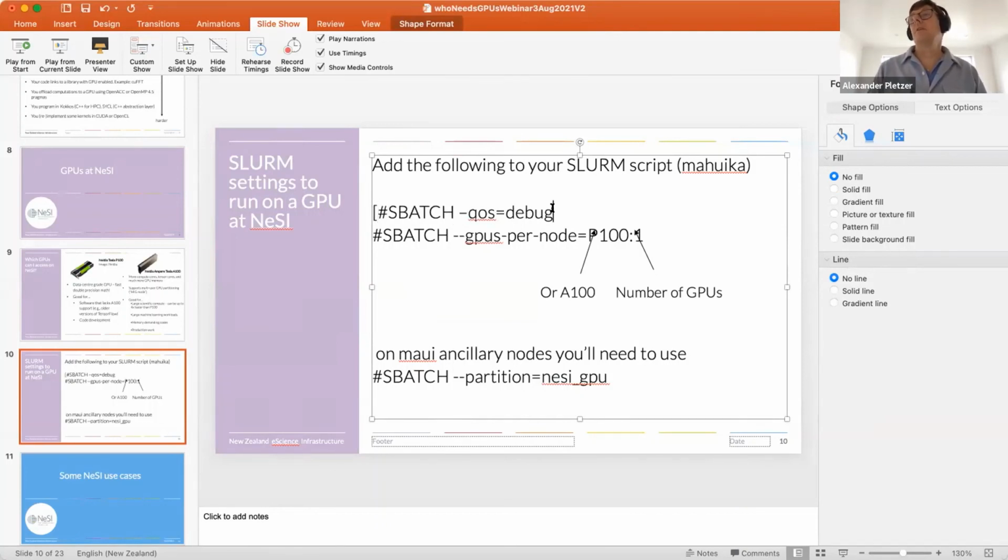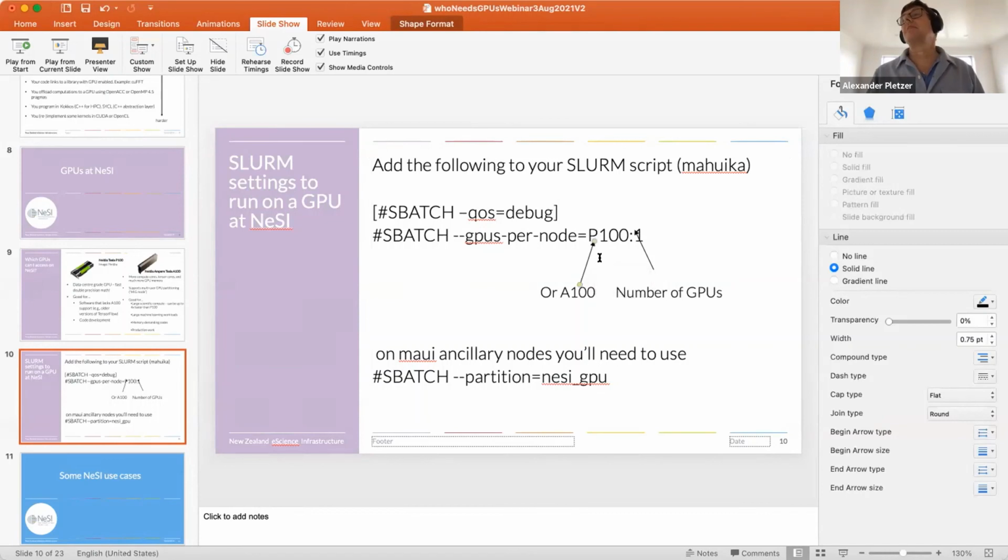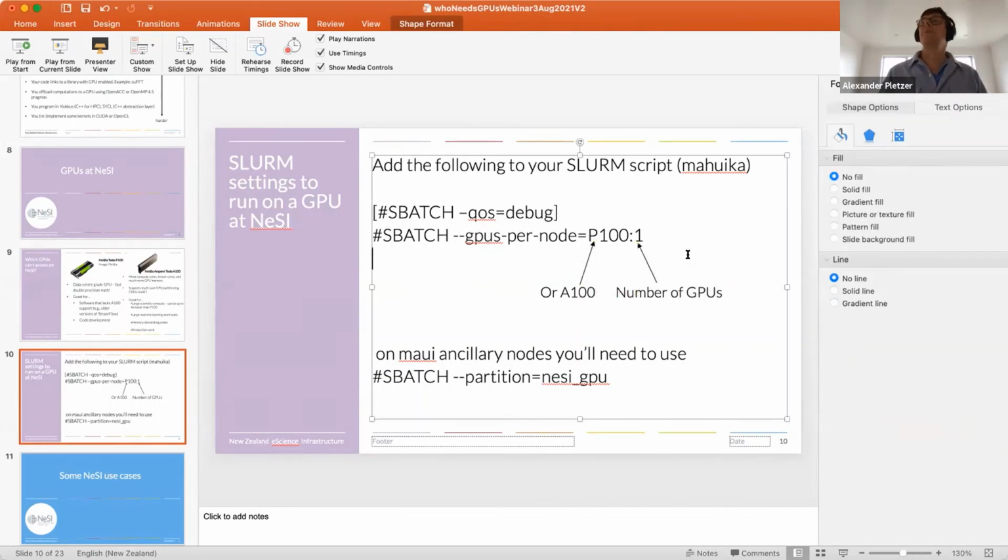But essentially you just have the whole memory, so you don't have to specify any maximum memory. It's a little simpler than for the CPU, where we encourage users to declare how much memory they need, because that's going to determine whether they're going to find a slot in the queue.